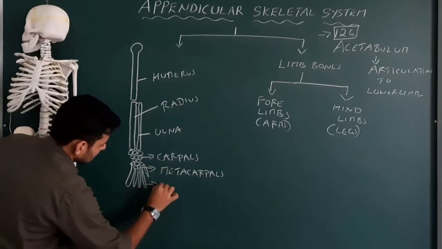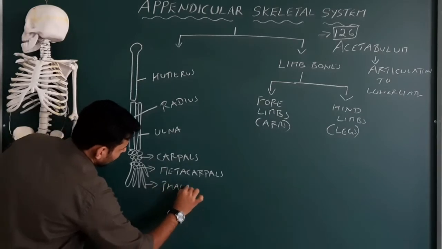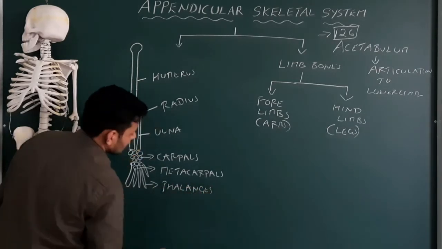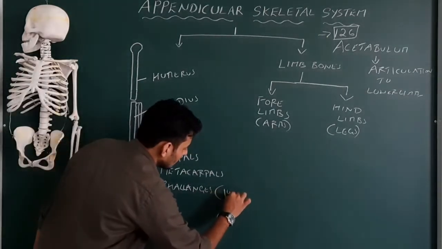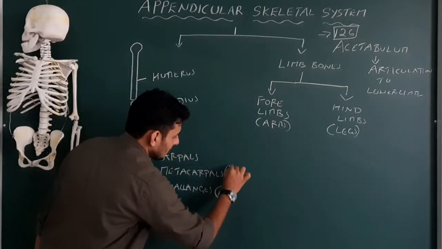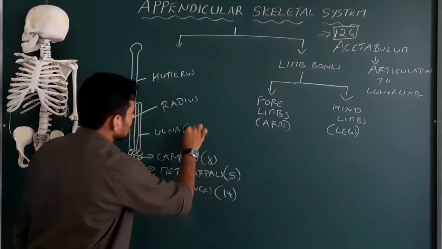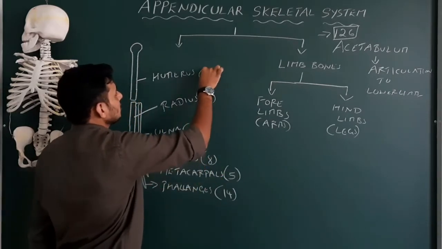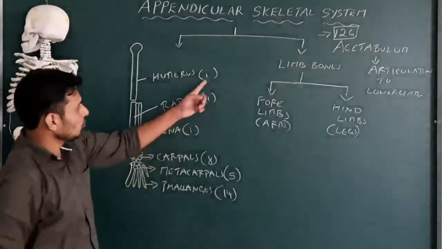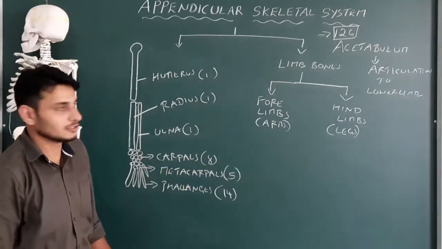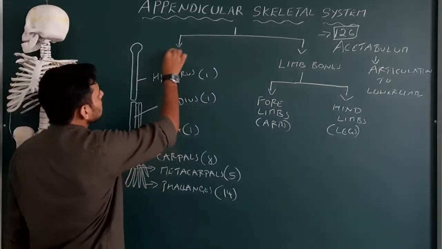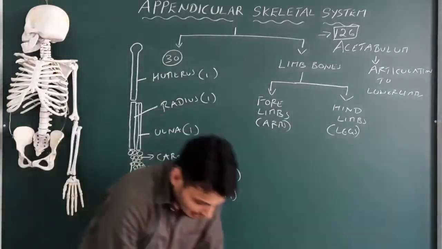So phalanges. How many bones are present in the phalanges? Double L, phalanges. It is actually 14. So let me write 14 here, and this one is 5, and this one is 8, and the humerus, radius and ulna are 1 each. So if you just count it, 1, 1, 1, 3, 11, 16, 14, that is 30. So in total we have 30 bones in a single arm.